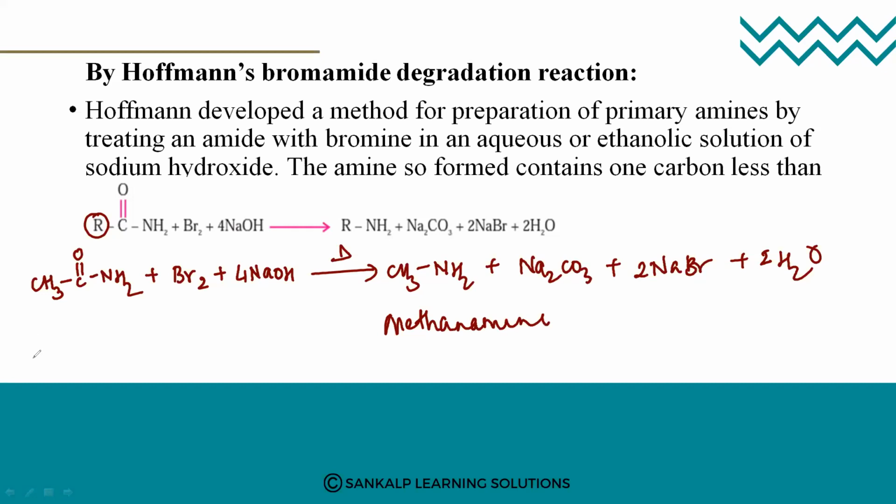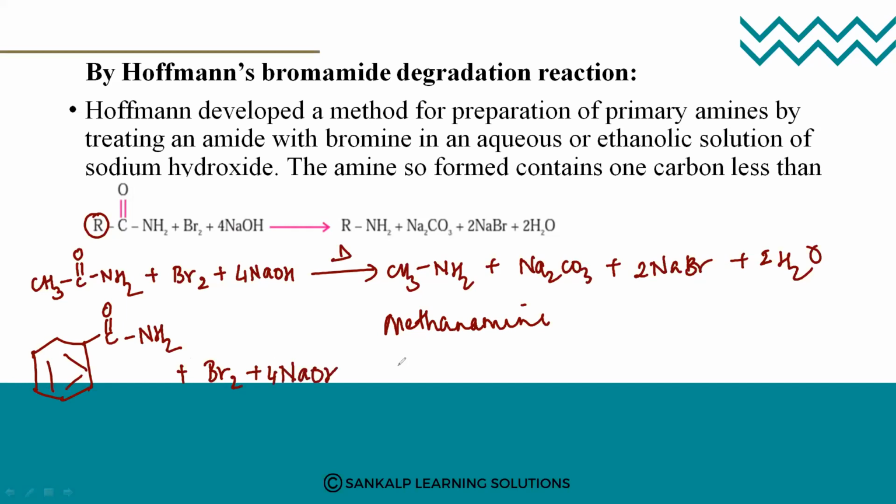One more reaction, we'll take a benzene ring now. We can get primary amines, either aliphatic or aromatic. So we'll take benzamide plus Br2 plus 4 NaOH.